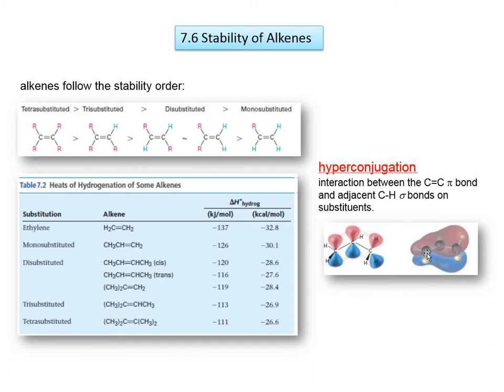You remember from previous chapters that when we have resonance, it makes the molecule more stable by extending pi bonding through the molecule. Here the same concept applies for alkenes. If you have a double bond and a substituent like CH3, ethyl, or propyl, one of the carbon-hydrogen sigma bonds can be parallel to the pi bond, and this extends the pi bonding over the molecule, which makes it more stable. So that's the explanation for the stability of more substituted alkenes.